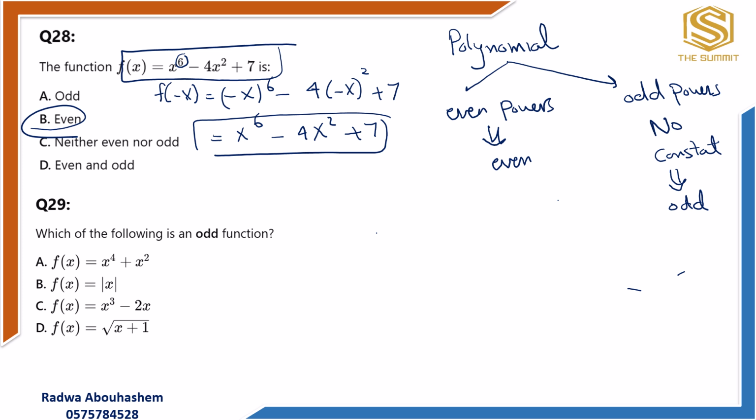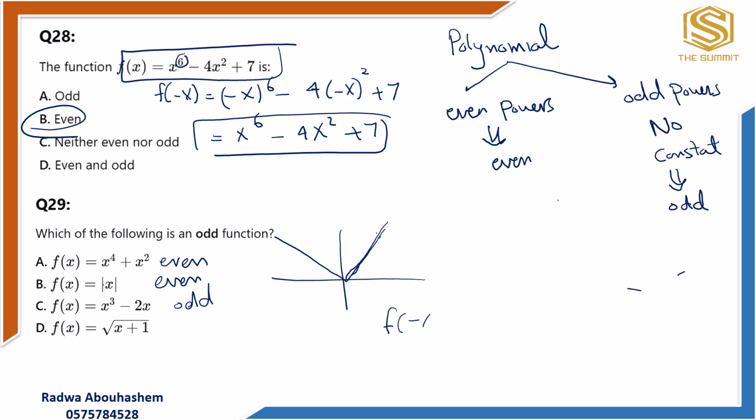Now for question 29, which of the following is an odd function? This one is even. And this one is odd. I don't know about this one or this one. So let me check. If you remember the graph of the absolute value function, it would be like this. So it has symmetry about the y-axis, right? So it's even. And if you don't remember the graph, let me apply the rule that we have.